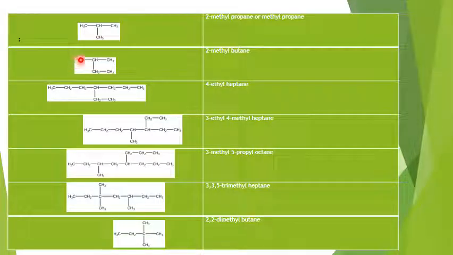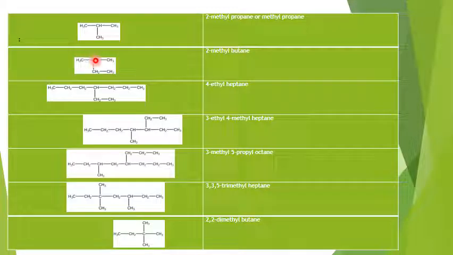Right, the second one, find the longest chain. Now, if you go straight across, that's going to be wrong. That's propane. You can get a butane out of it. So what you could do is go down, over and down. For alkanes, you can twist and turn and go up and down and sideways to get the longest continuous chain.